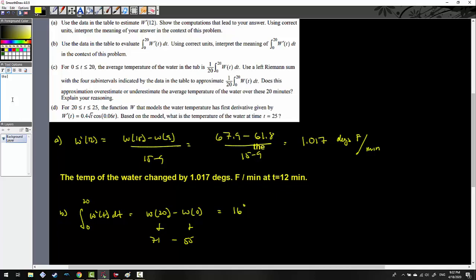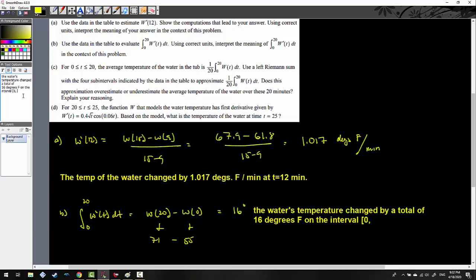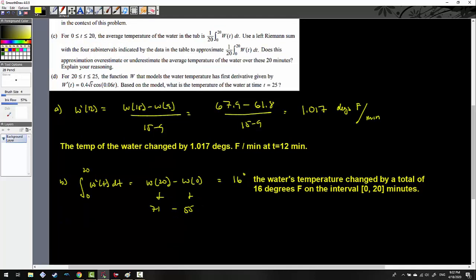We would say the water's temperature changed by a total of 16 degrees Fahrenheit on the interval 0 to 20 minutes. So again, when we integrate a rate on a definite interval, we're getting the total change in what we were evaluating. So hopefully that makes a little bit of sense.